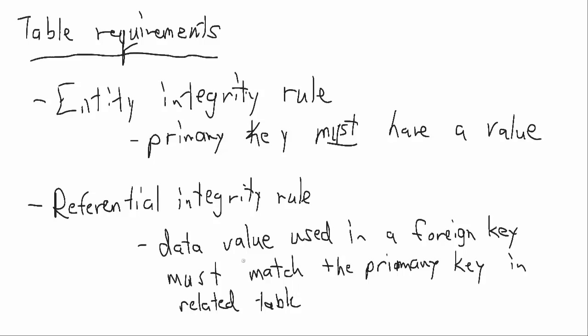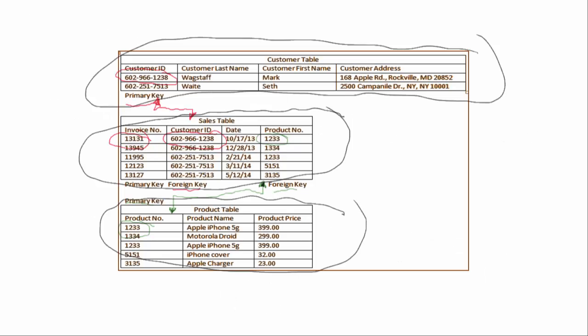In other words, in my previous example, let's take a look at that real fast, I can't set up a new sale for a customer that doesn't already exist in the customer table. I can also not set up a sale for a product that does not already exist in the product table.